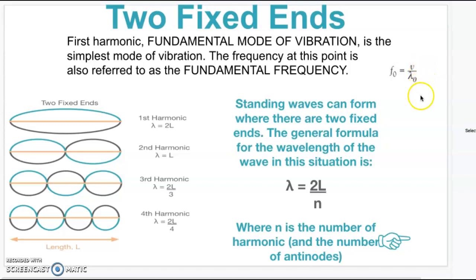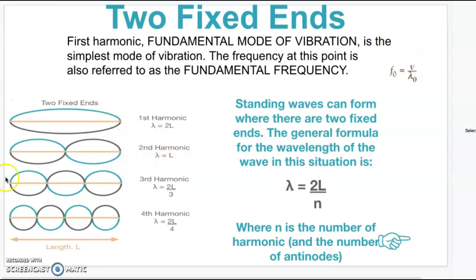The second thing you have to consider is speed. The speed of the wave does not change in any of these situations because the speed of the wave depends on the medium. If it's air, metal particles, wood, or water, these are the things that affect the wave speed.